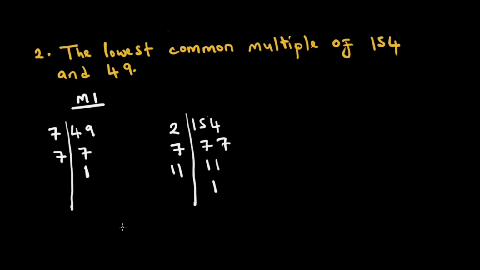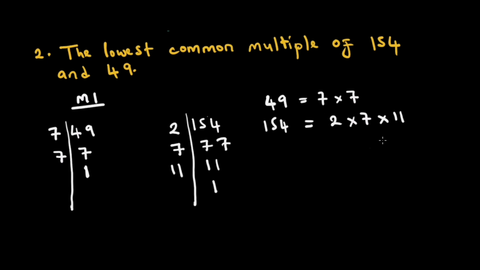This means we now have 49 equal to 7 times 7, and 154 equal to 2 times 7 times 11.